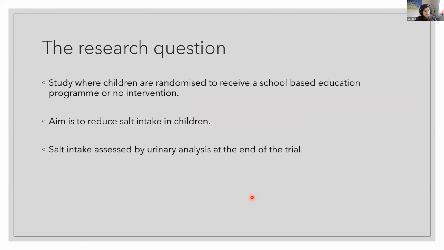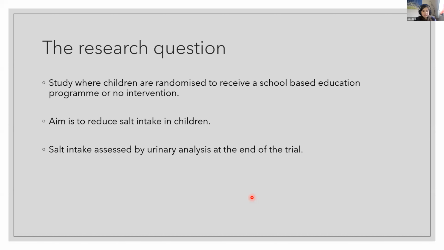So we need to start off with a research question. It's always very important that when you're doing any kind of hypothesis testing, you clearly understand the research question that you're trying to answer. So in this particular case, we have a study where we are randomizing children to receive an education program or they don't receive an education program.